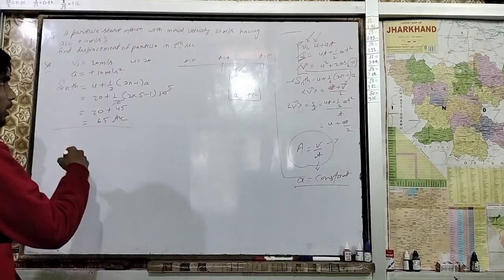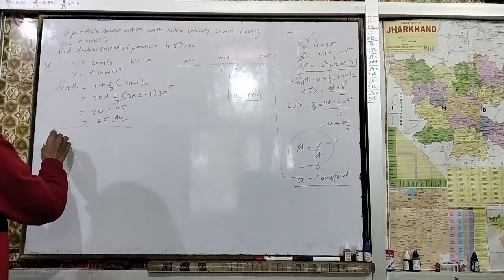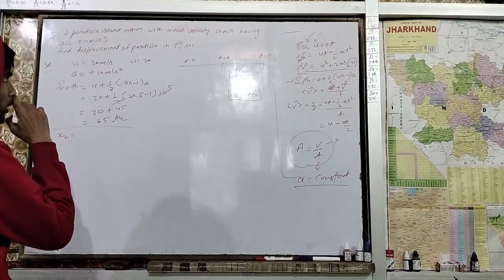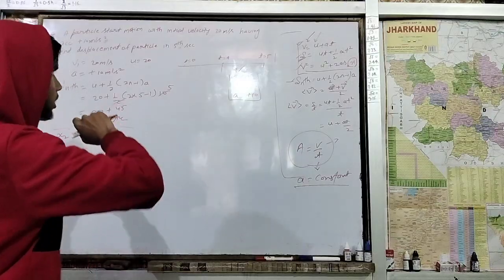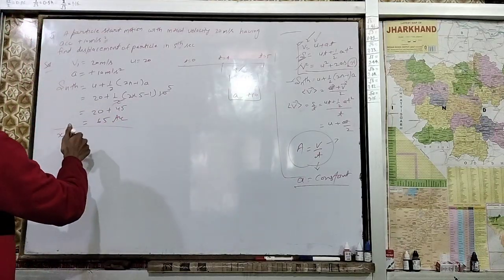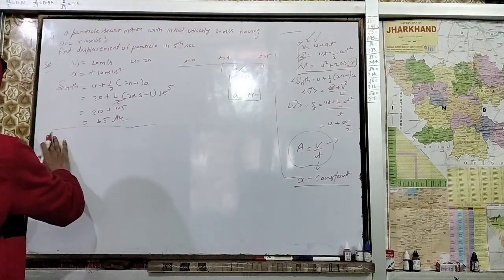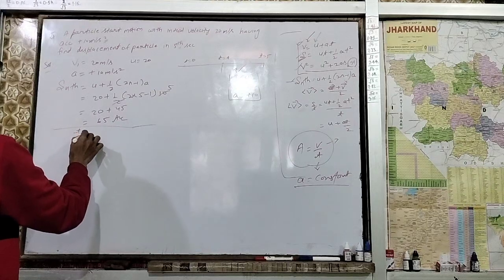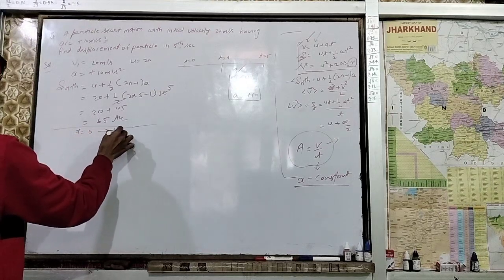In the other method, x2 is for T equal to 5.